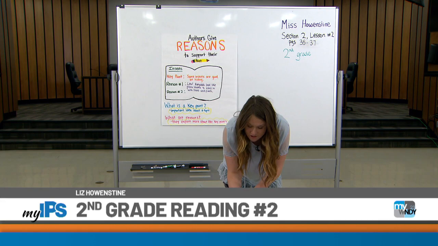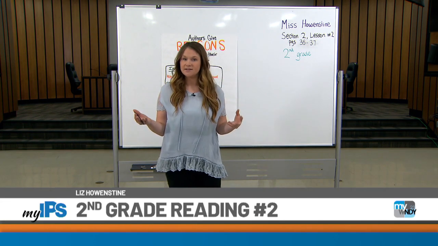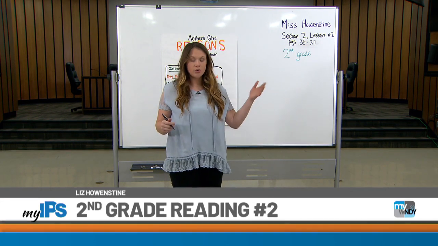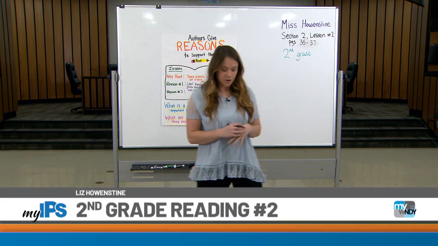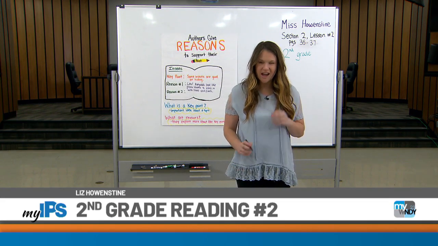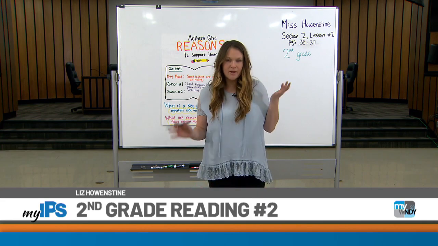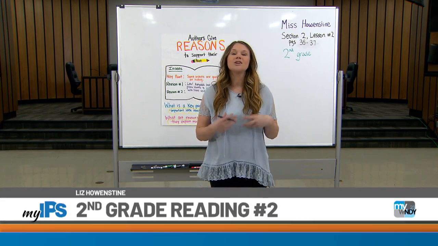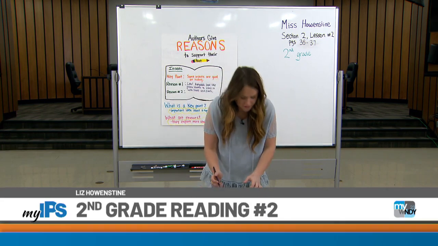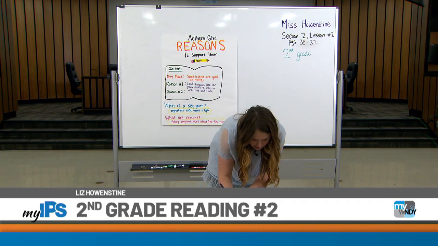With our reasons, we can have a couple sentences. For our first reason, we are going to have a couple sentences because earwigs make very good mothers. We want to know a little bit more. Why do they make good mothers?